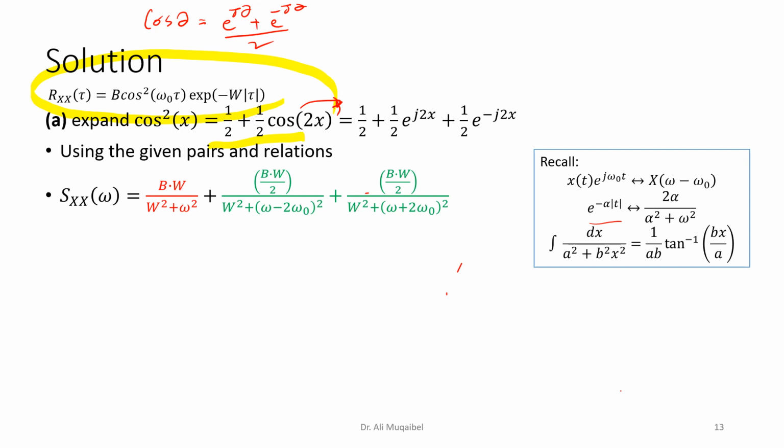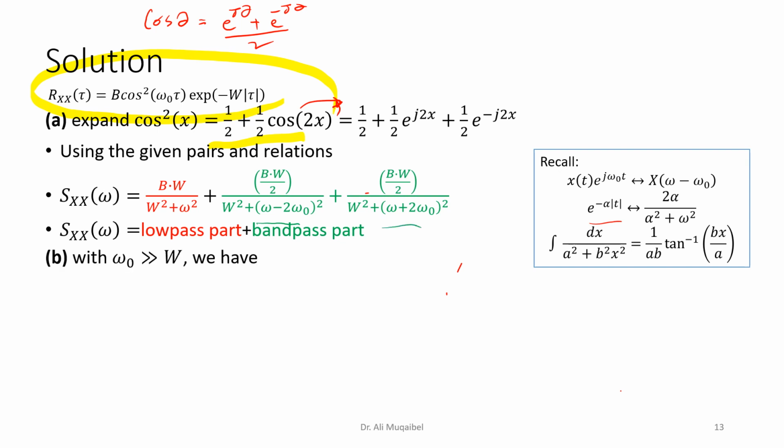B times W, divided by omega squared plus W squared, and then we have two different expressions, similar but with a shift. Now you can think of this as a low pass component. The one that starts at low frequency is the low pass component, and the one that has shift in frequency is the band pass component. If you want to visualize this, I'm sketching these expressions.